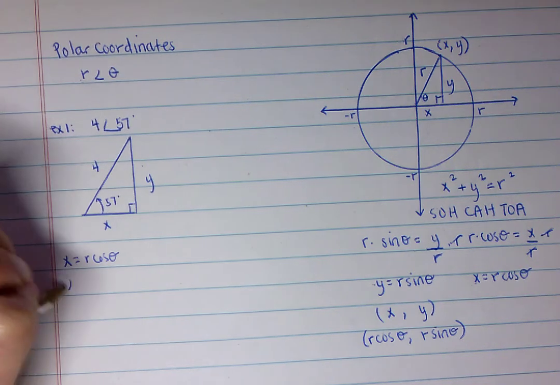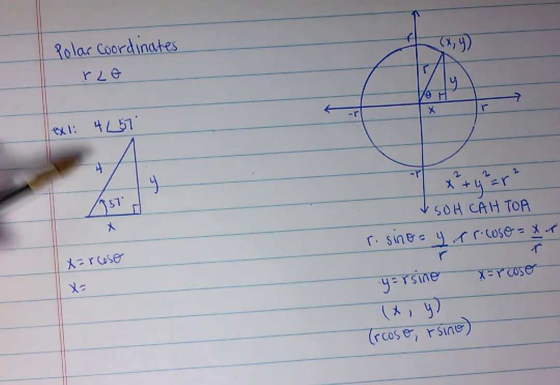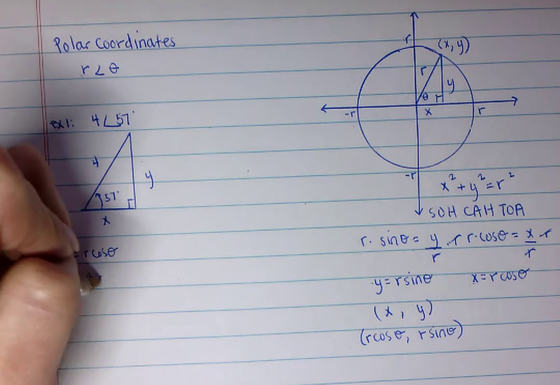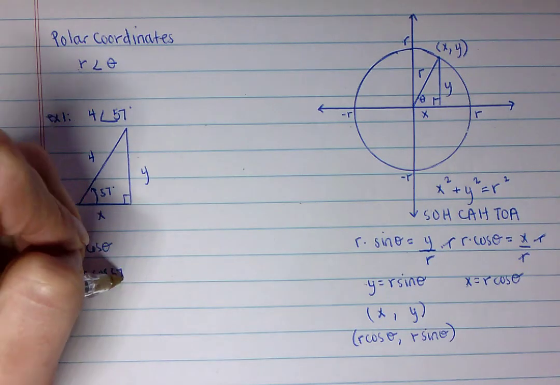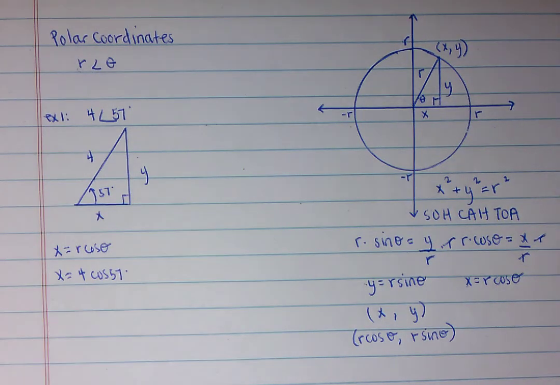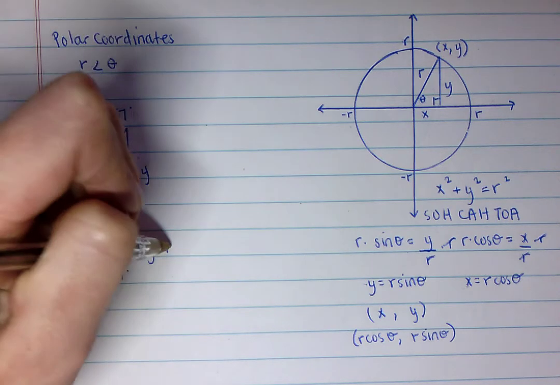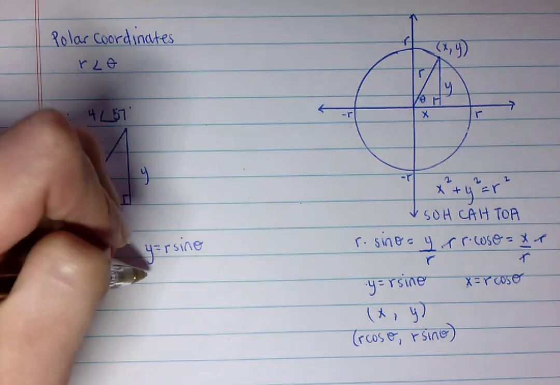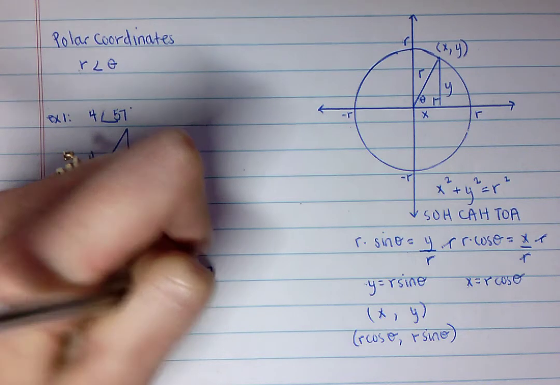And for this particular one, x equals, r is 4, okay? So we have 4, and then cosine, and our angle is 57 degrees. And then for our y, it would be r sine theta, and that would be 4 sine of 57 degrees.